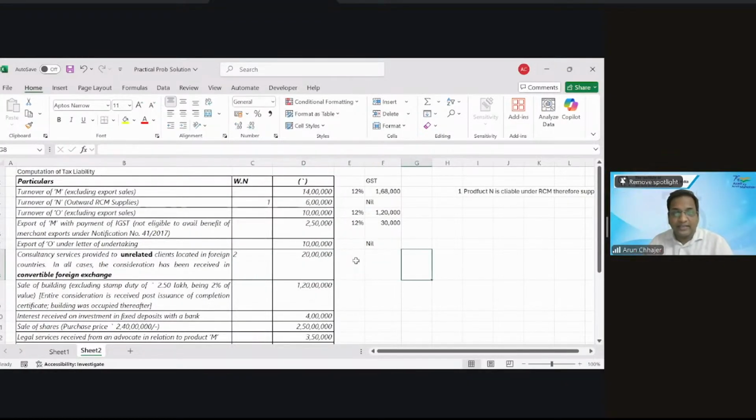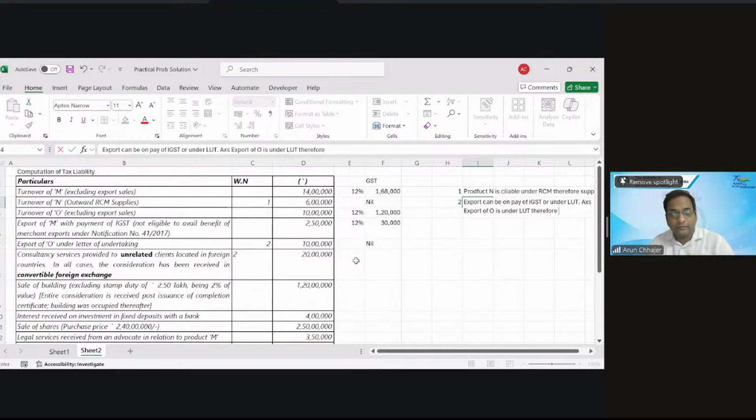Now for working note number 2, simply write: export can be on payment of IGST or under LUT, as export of O is under LUT, therefore no GST is liable to pay at the time of export. You can write better language, that is okay, but I just like to highlight.